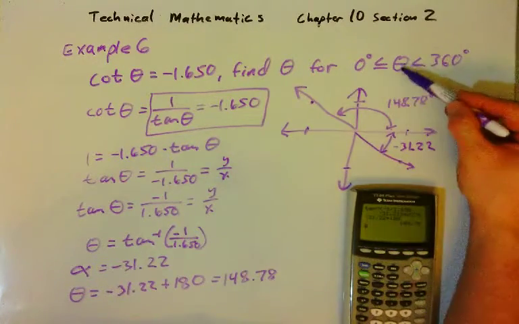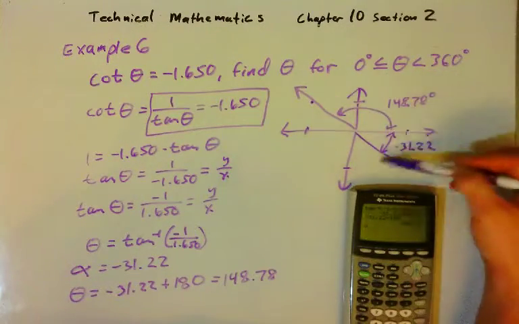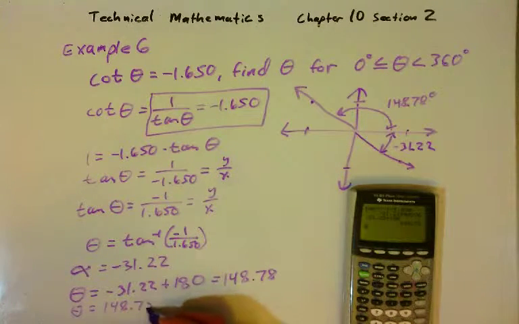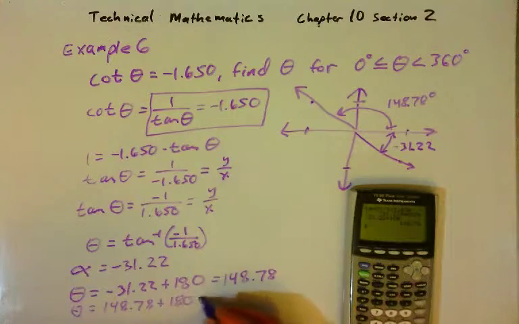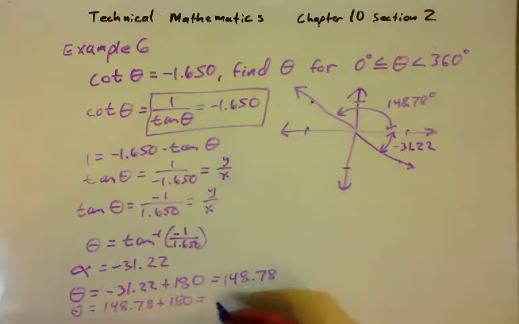The other angle, because I need it to be greater than 0 but less than 360, right, I don't want this negative reference angle, I'll add 180 again. And so the other answer for theta will be 148.78 plus 180 again, and we get 328.78. And so these are our two possible answers for theta.